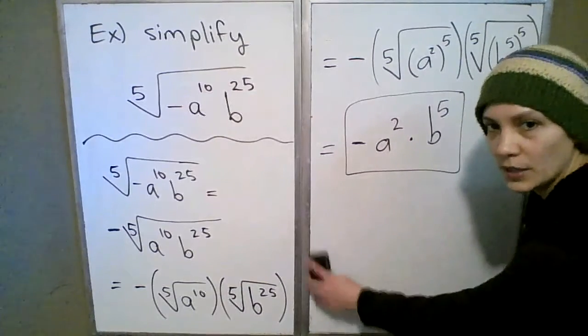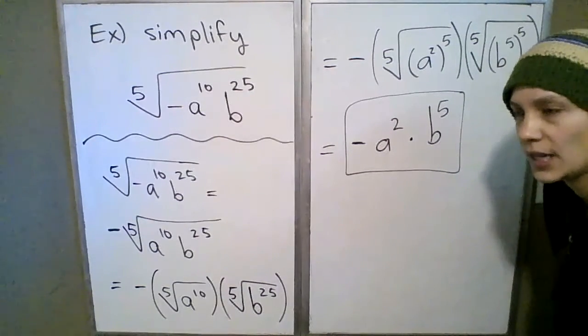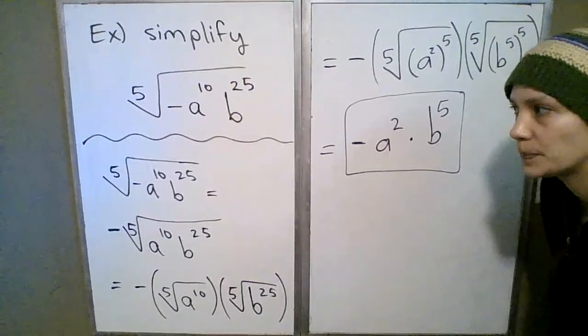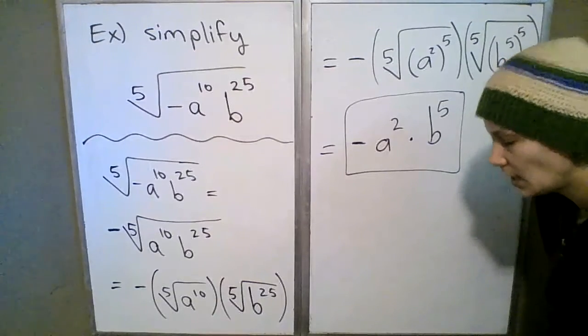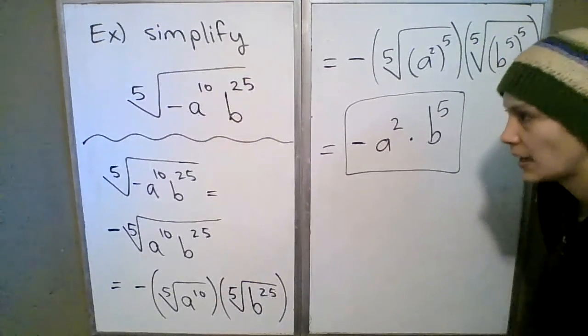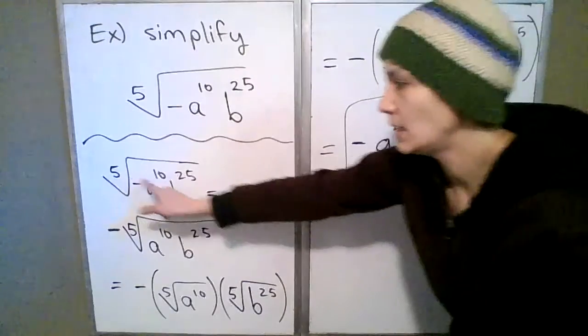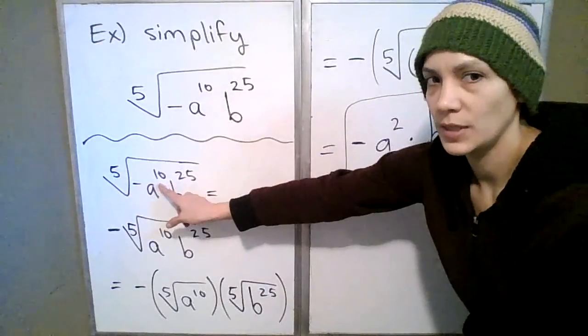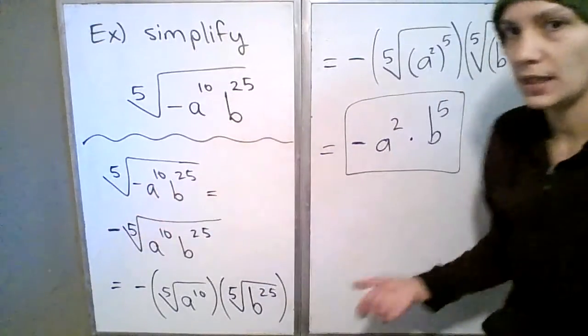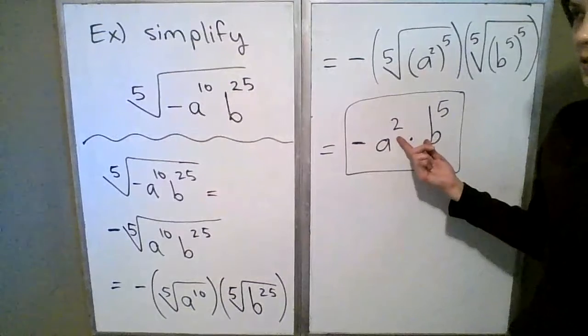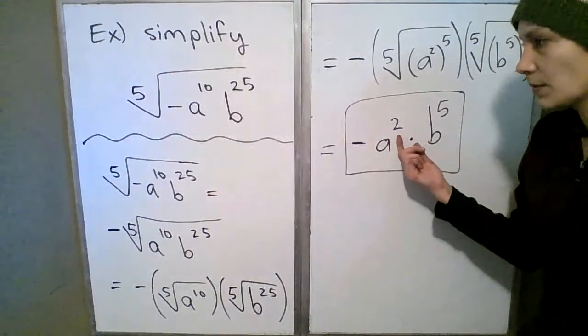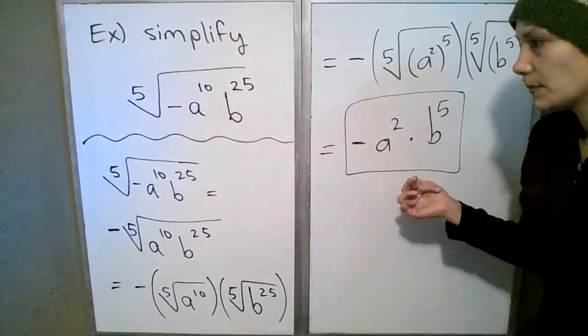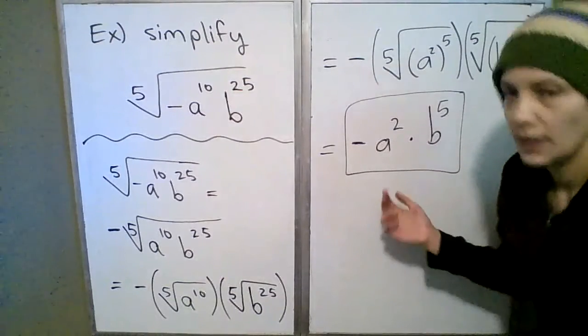Which I'm kind of remembering there's sort of a shortcut here. If your root can divide into the exponent, then it will simplify into that. I guess I'll just point it out.